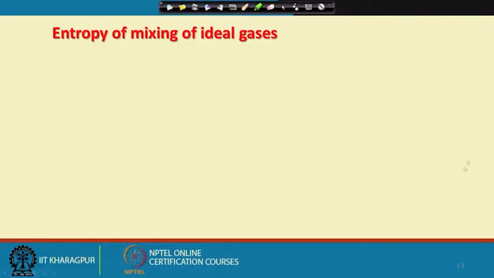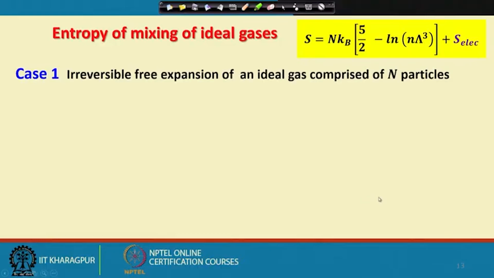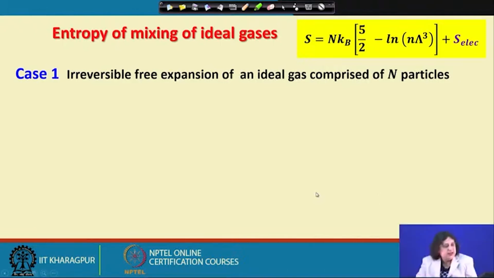Now, let us next have a look at the entropy of mixing of ideal gases, and here also we are going to use the Sackur-Tetrode equation and check if it can explain the entropy of mixing of ideal gases correctly. The first case that we think about is the irreversible free expansion of an ideal gas comprised of capital N particles.